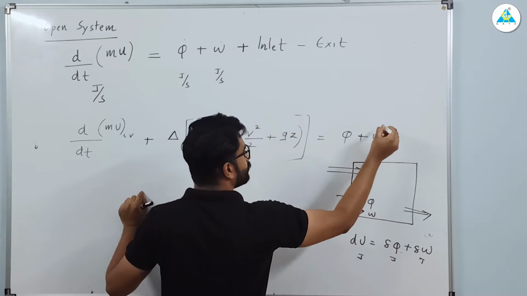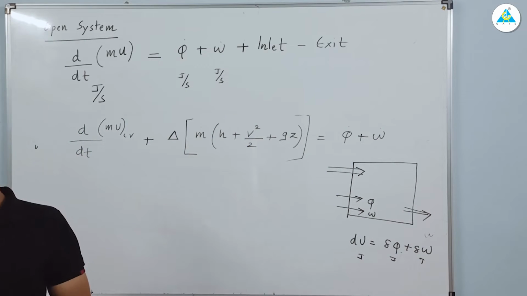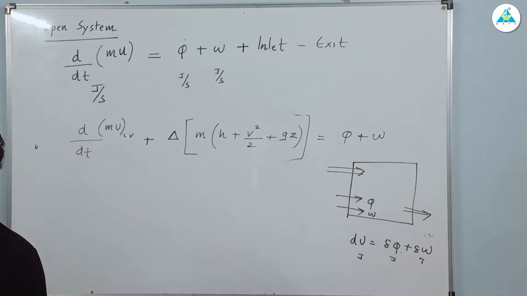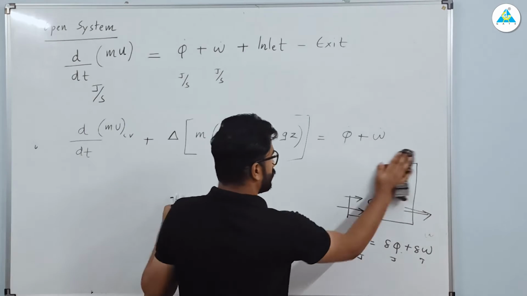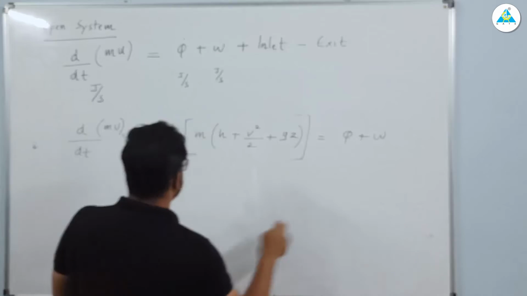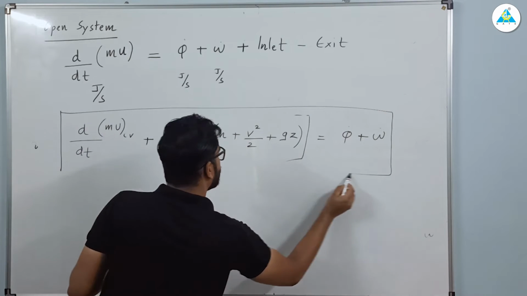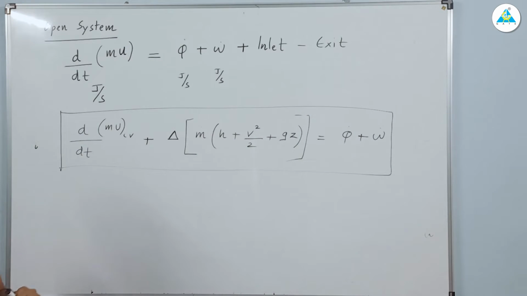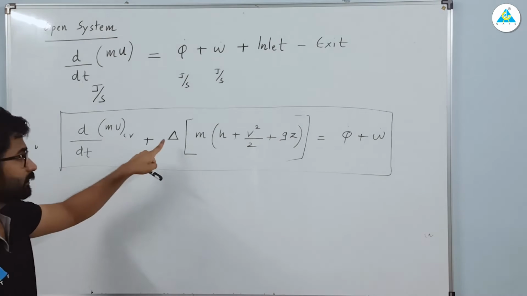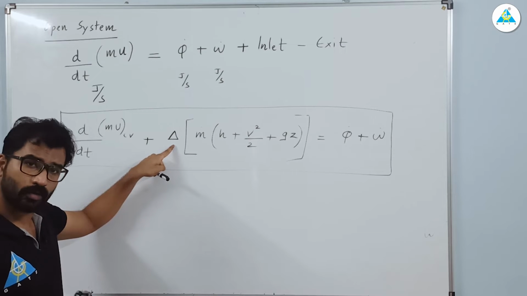Q plus W, right? So this is your final equation for energy balance. Simple, right? Del represents outlet minus inlet.